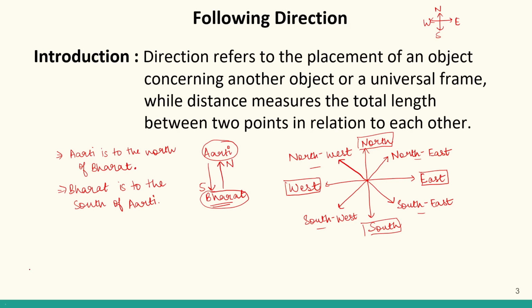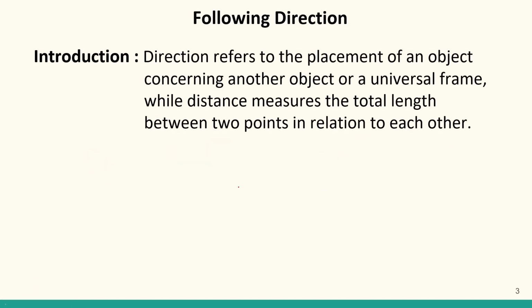Let us do a similar question. Let us understand this with the help of an example. I'm drawing a small chart to indicate the directions. This is just for reference. This is southeast. This direction is southwest. And this direction is northwest.